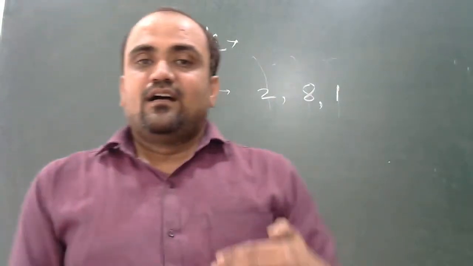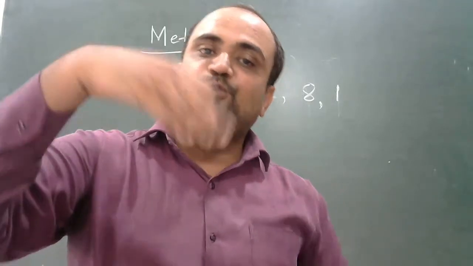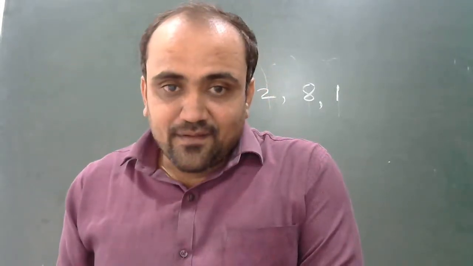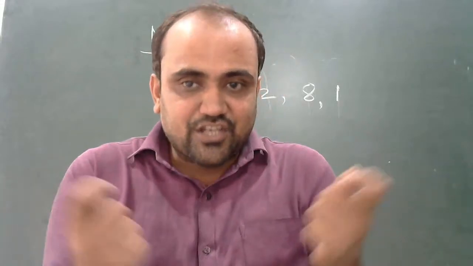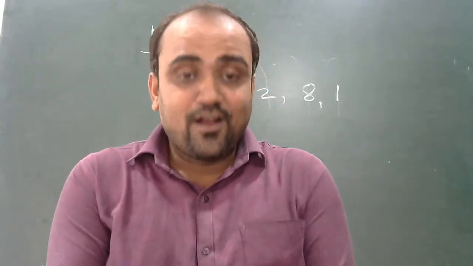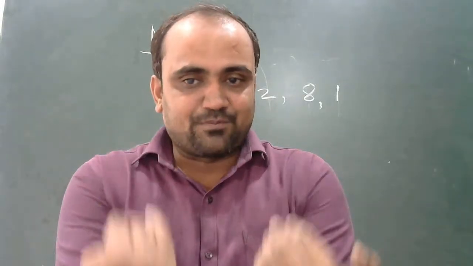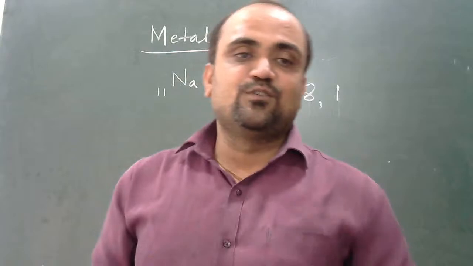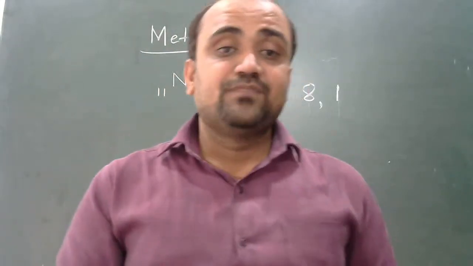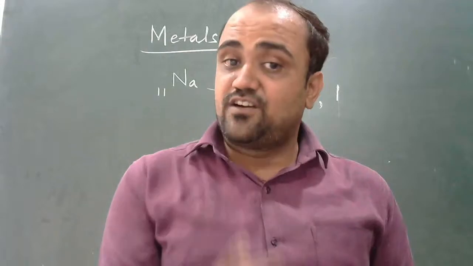So 4 पेक्षा कमी इलेक्ट्रॉन असतील तर देऊन टाकणार. 4 किंवा 4 पेक्षा जास्त इलेक्ट्रॉन असतील तर sharing or accepting electrons will be there. Are you getting or no? What is the rule? 8 चा निम्मा 4, 4 पेक्षा कमी इलेक्ट्रॉन शेवटच्या शेल मध्ये.